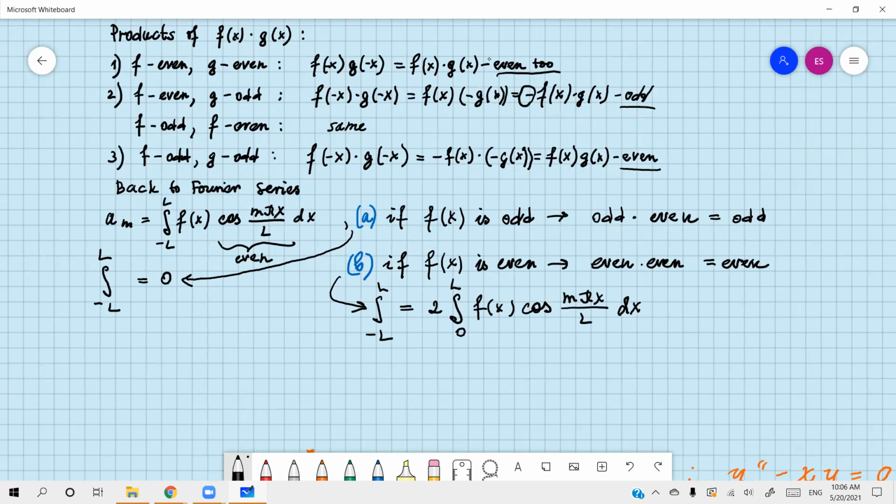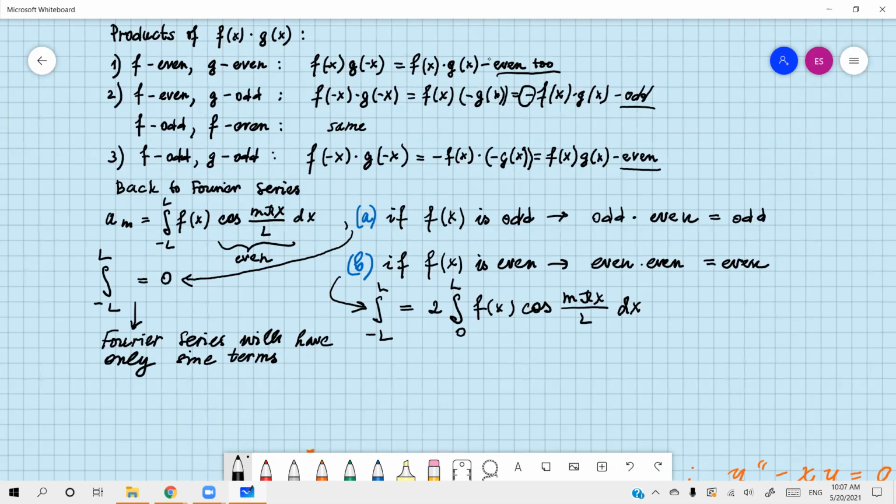That all coefficients a_m are going to be 0. And in this case, the Fourier series will have only sine terms.